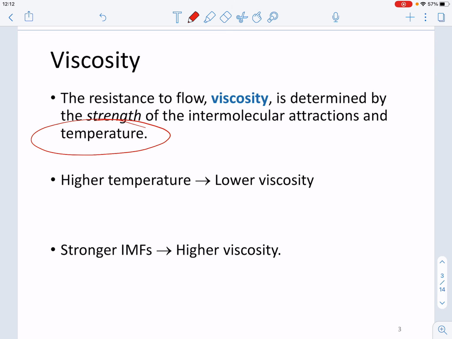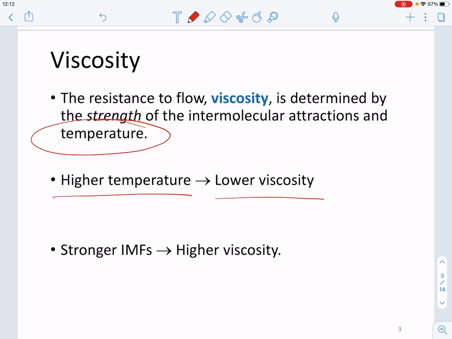So if you want this liquid to move through a pipe, the higher the energy these particles contain, the easier it will be for them to move through the pipe. So things to remember here then is that if you have a higher temperature, then the viscosity will decrease.